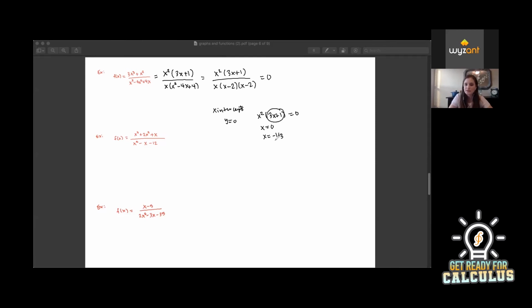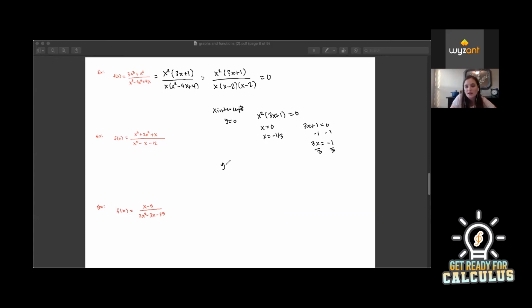Because in order for this to be 0, we'd end up getting negative 1/3 plugged in, because that's going to turn that into a negative 1 plus 1 goes to 0. Or if you want, you can break it out to the side, set it equal to 0, subtract 1 from each side. And then 3x equals negative 1, divide by 3 on both sides.